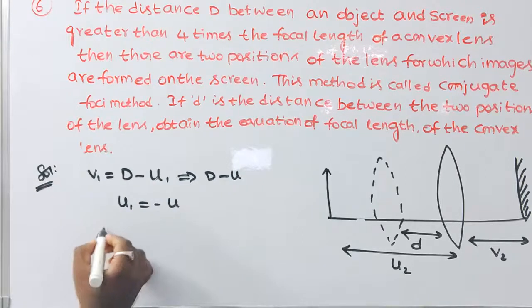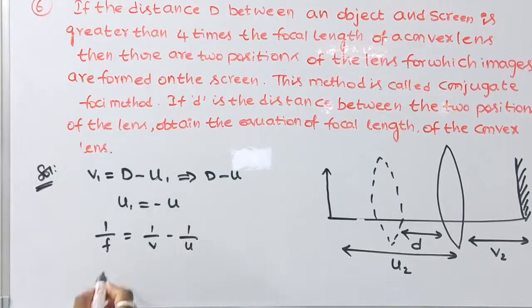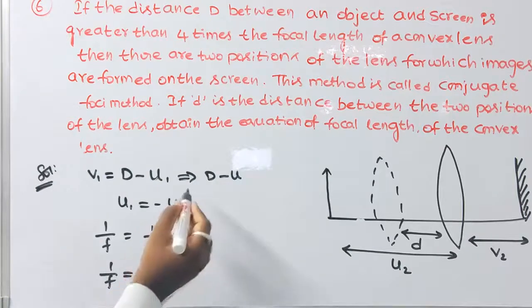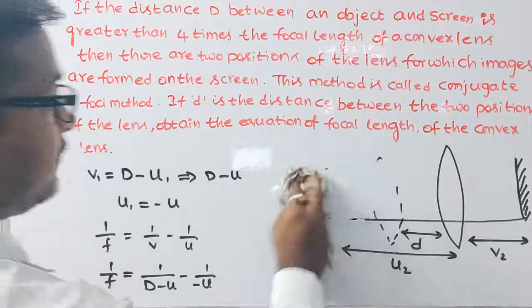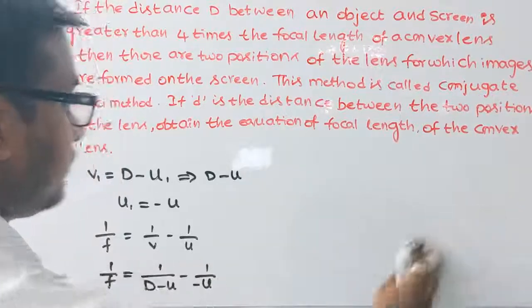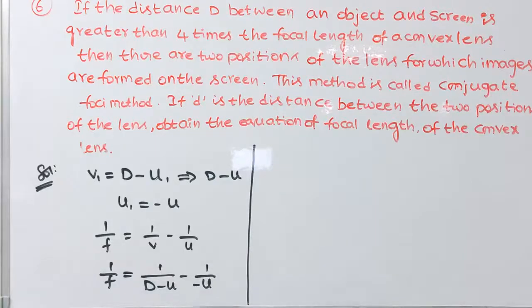From the lens formula, 1/f is equal to 1/v minus 1/u. Here v is equal to D minus u, so 1/f is equal to 1/(D minus u) minus 1/(minus u).